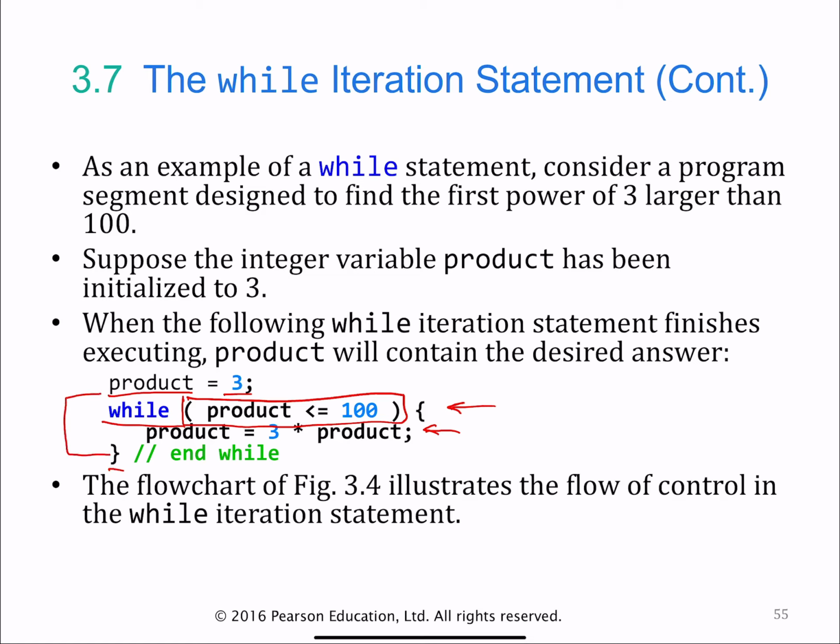Instead, we jump back to the while statement and we check this condition again. If the condition is still true, you jump back into this block of code, execute it, and repeat. And repeat until whatever condition is put into the parentheses over here becomes false.